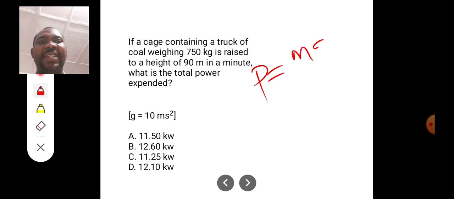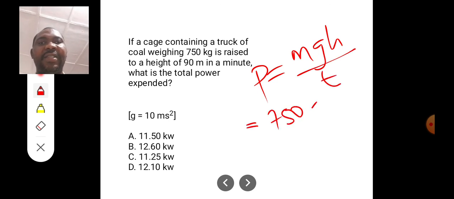Now, if a cage containing a truck of coal weighing 750 kilograms is raised to a height of 90 meters in a minute, that's potential energy, the total power expended in this case is the energy, mgh, that's the work, the potential energy, all over time. That will be 750 times g, which is 10, times h, which is 90.